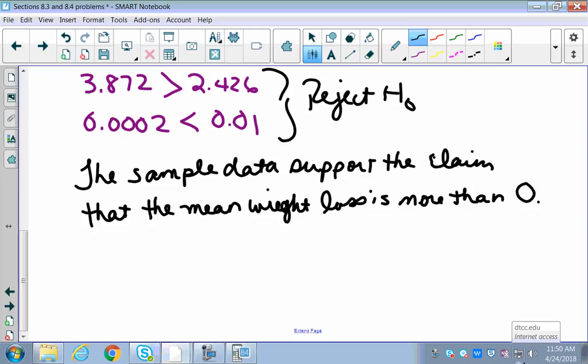So now we did all that work, and we're going to go back to the problem because there's another question that says, does the diet appear to have practical significance? Danielle shaking her head no. Anybody else?